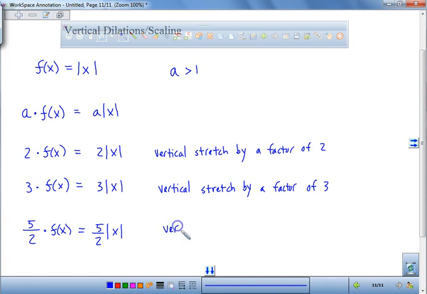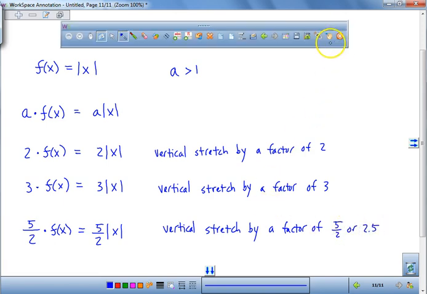And this one is a vertical stretch by a factor of 5 over 2, or you could say 2.5.